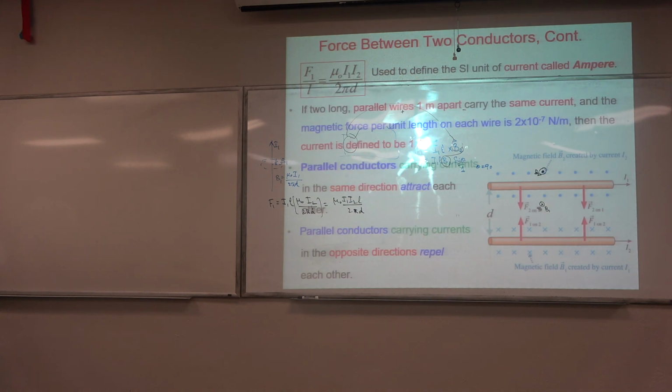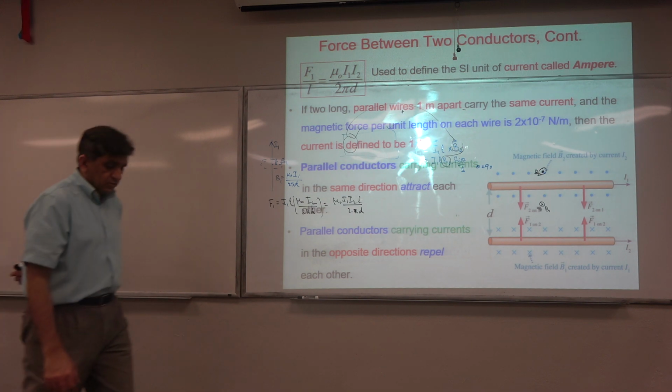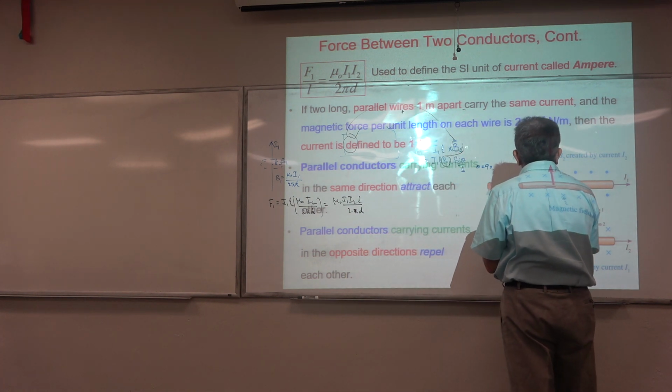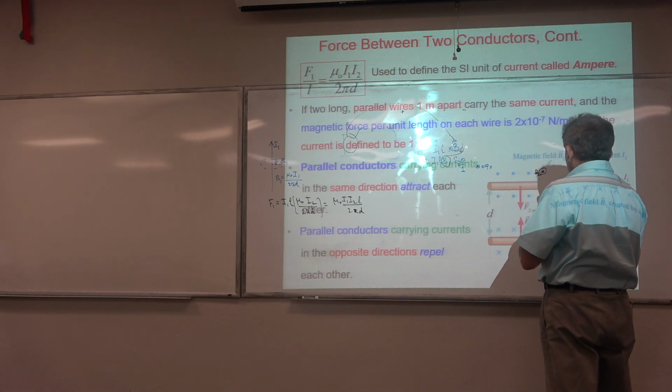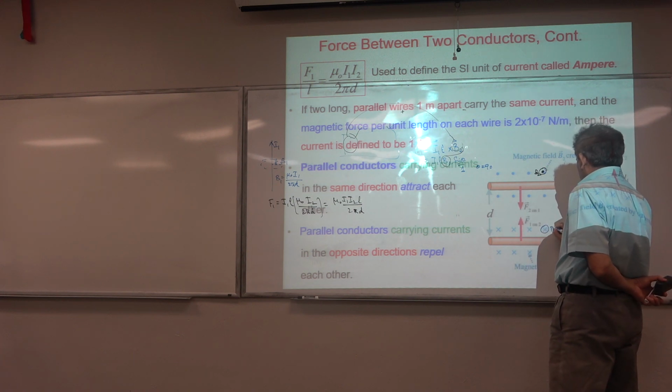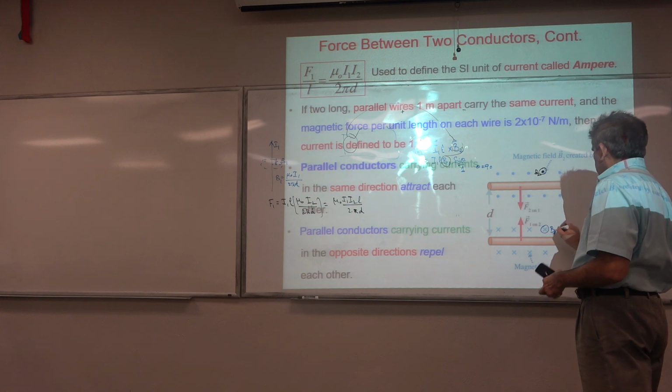Alrighty, now, these are the two conducting wires. We talked about this earlier, and we can find the force between the two. The force over there is due to B2 up there, which is affecting wire 1, and here is the B1, affecting wire 2.